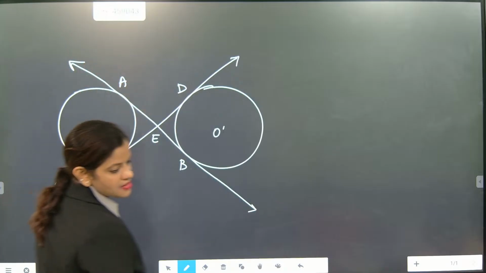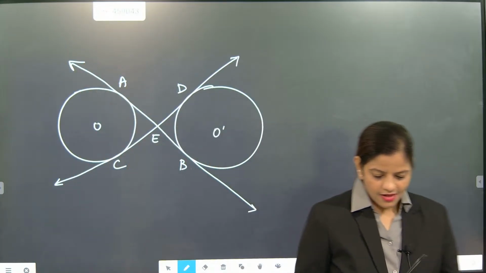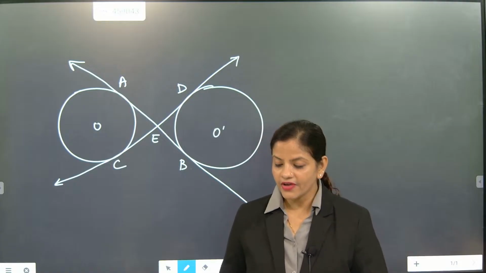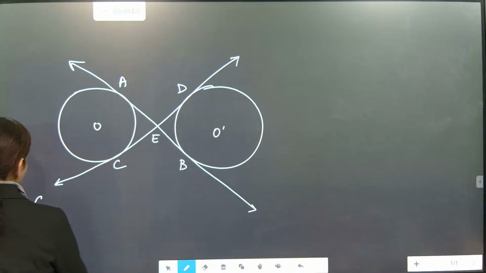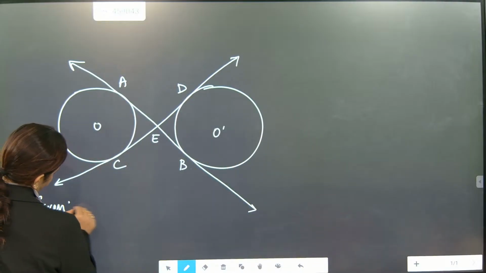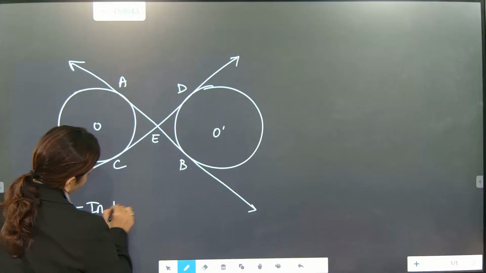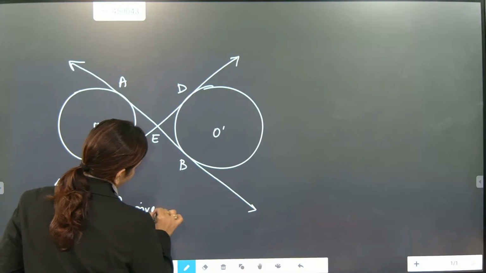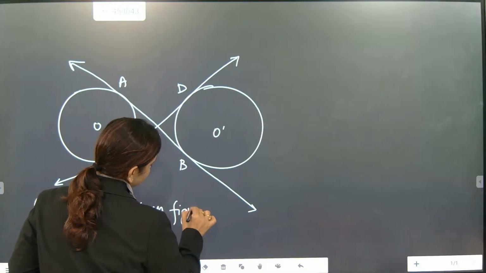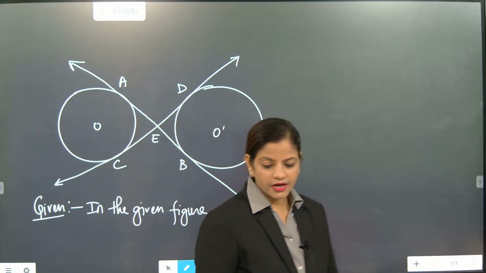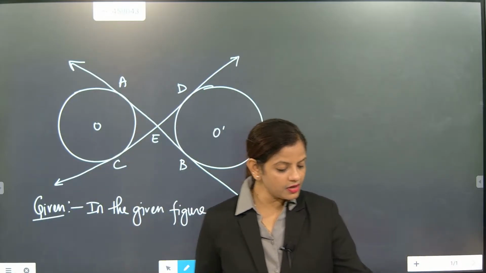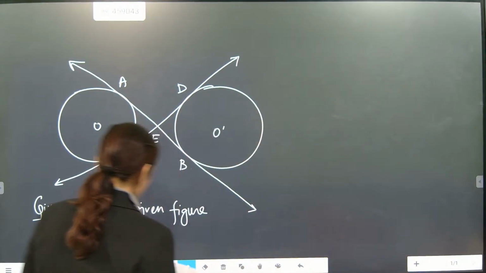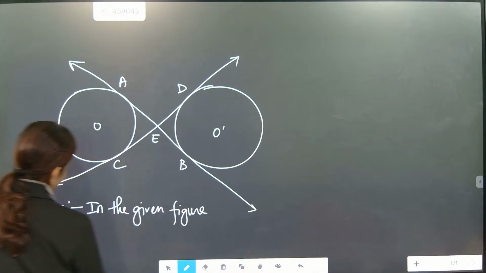Come on. Draw this. In the given figure, write down. In the given figure, write down, please. Common tangents AB and CD.